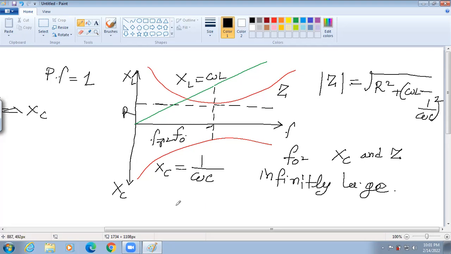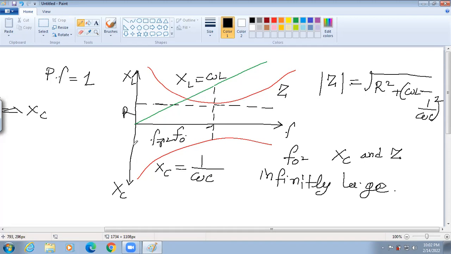As the frequency increases, XC is decreasing because frequency is underneath the one, and XL is just multiplied with the L, so as the frequency increases, XL also increases.